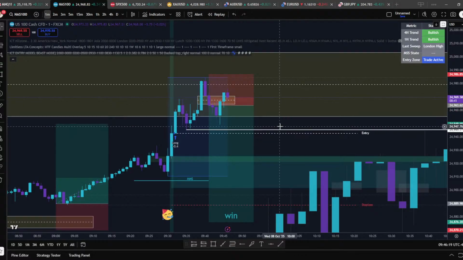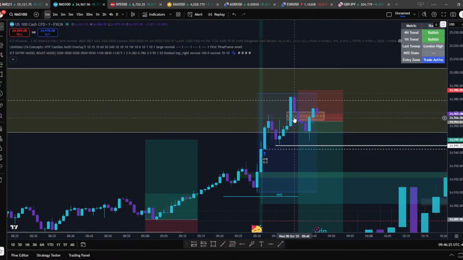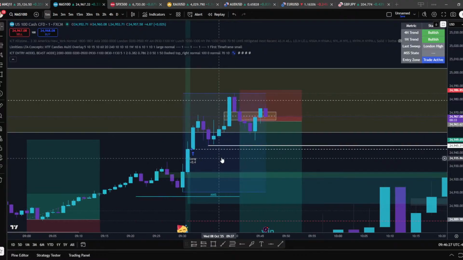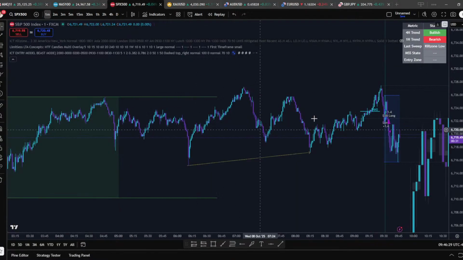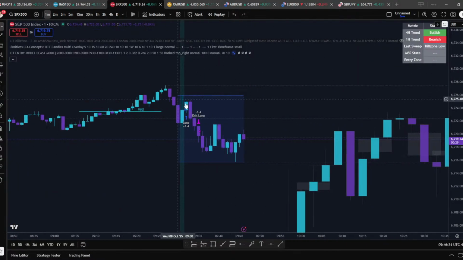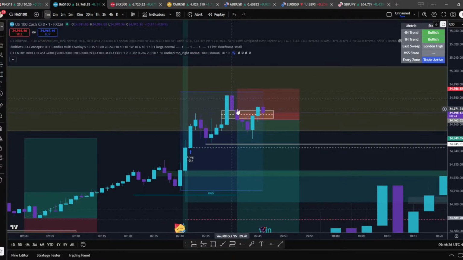But a lot of inverse fair value gap specialists and people that take trades would have looked at this and gone, ES is super weak, which is what it was. Look, it's just started dumping. Okay, ES is weak. We're delivering from a 4-hour. We've inversed the first and only fair value gap here, which is the 1-minute.